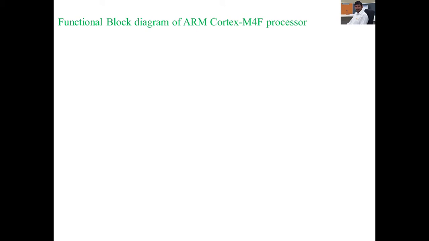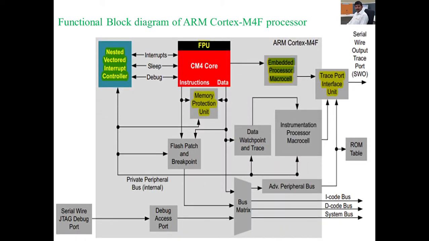If you look at the architecture of ARM Cortex M4F, first it contains the on-chip clock frequency. Example, TM4C123GA6PM contains an 80 MHz clock frequency and it executes 100 Dhrystone millions of instructions per second.